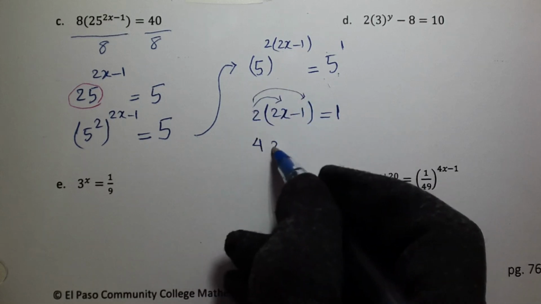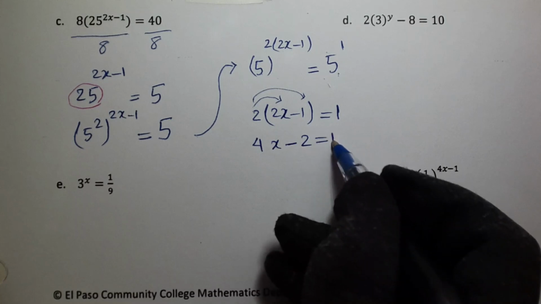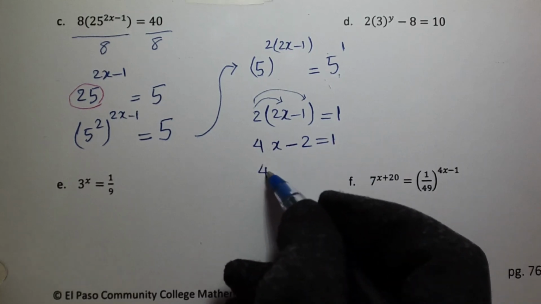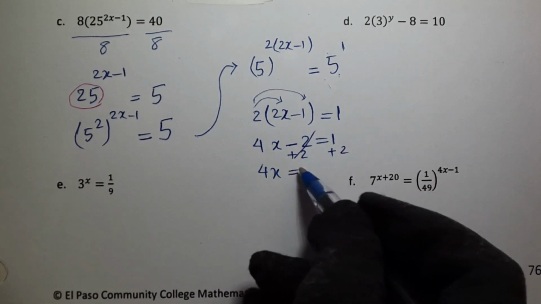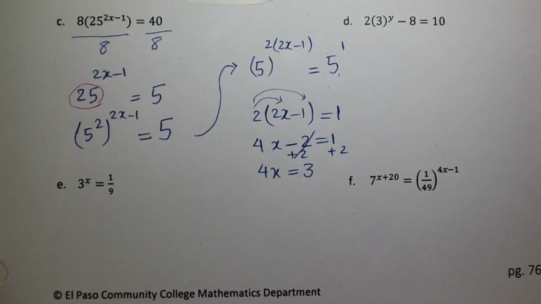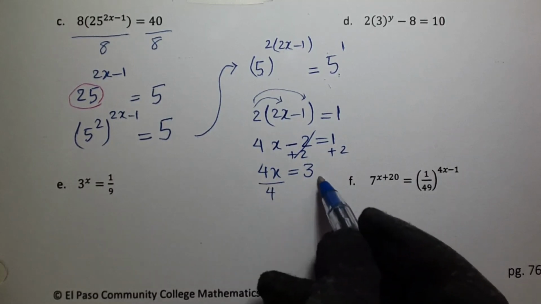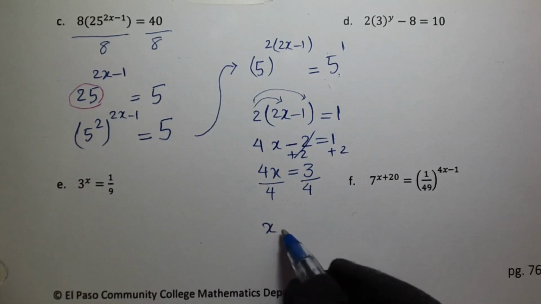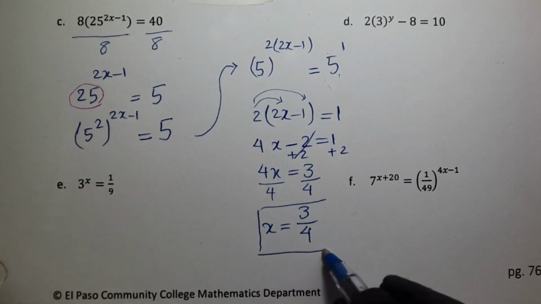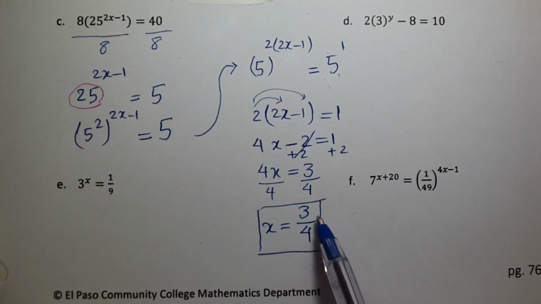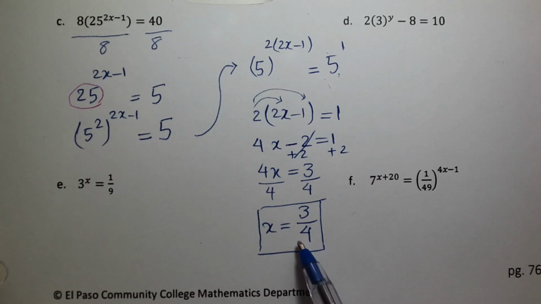So we will have 4x minus 2 equals 1, and if you add 2 to both sides, 4x equals 3. Divide both sides by 4. X is going to be 3 over 4. This is the exact value. If you use your calculator and divide 3 by 4, then round your answer to the nearest thousandth, you're going to have an estimated value.